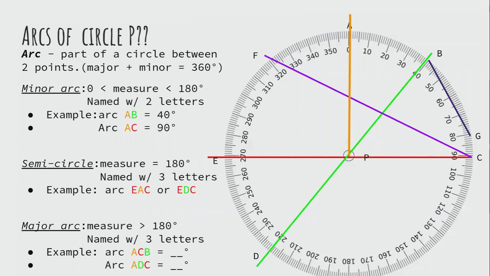When you talk about it, you name it in two letters: where does it start and where does it end? Our example was from A to B.